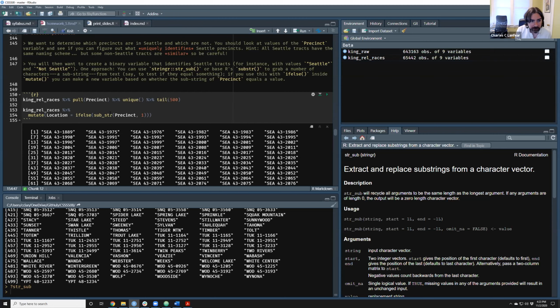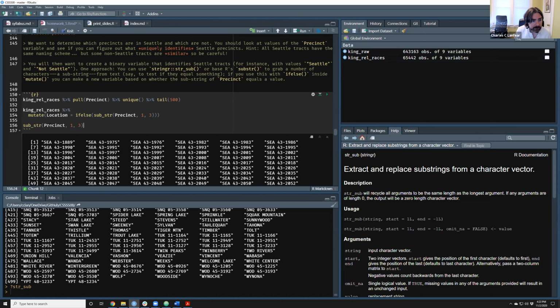We're going to start at its first and then, well, SEA is 3. So we want the first character, second, and third. Okay. So I'll show you what this is actually doing here really quick. If I say substring 1 to 3, and I'm going to say King relative races precinct.